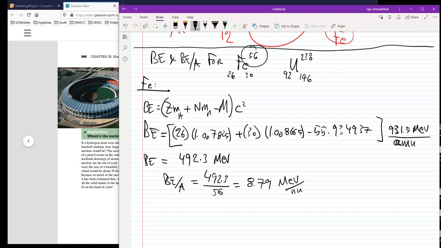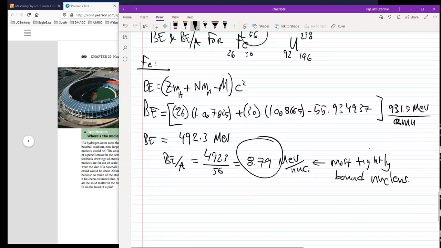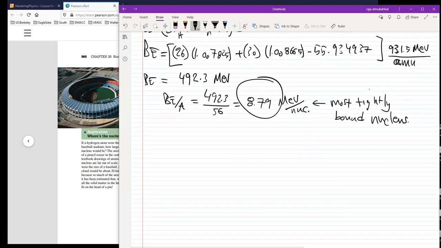Binding energy per nucleon, mega electron volt. Okay? So this is the most tightly, if you will, bound nucleus. Got it? Okay. So there we go. That's the binding energy per nucleon for the iron. Let's do it for the uranium.